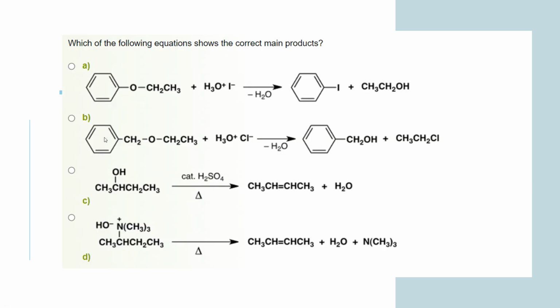Now we have option B where you have a benzylic carbon. And what did I say? If you have the possibility of formation of a benzylic carbocation, the reaction will follow SN1 substitution. So how is it possible? First, the oxygen will get protonated.